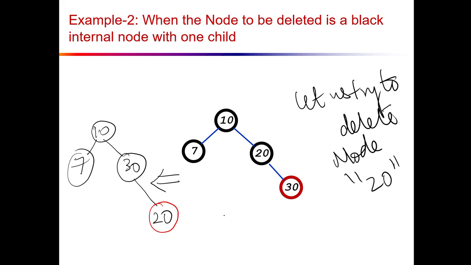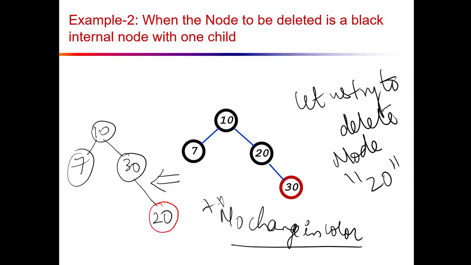We need to take care of this very important aspect: when you replace an internal node with a leaf node, because we can delete a node only when it is at the leaf position, or when it is red in color, that's why we made this replacement.